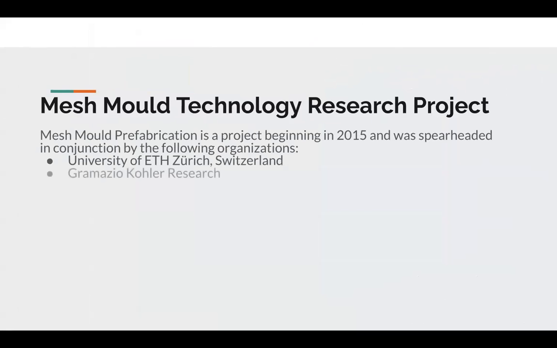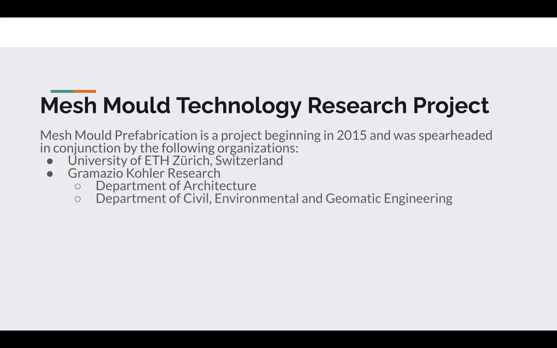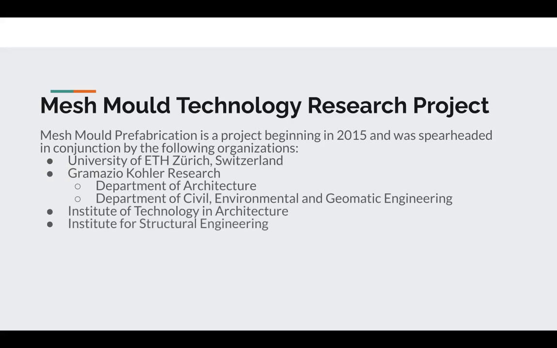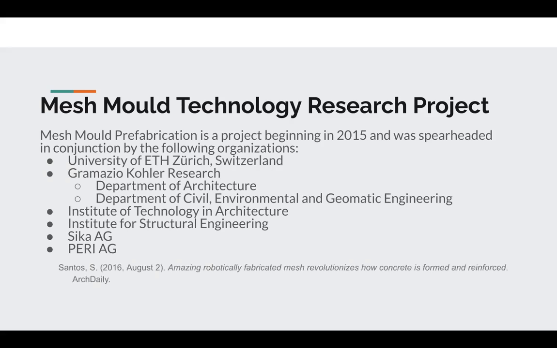Like I said, it began in Switzerland, University of Zurich. Then the Gramazio-Kohler Research Group was a huge part of it. Those are some departments that were also involved: Institute of Technology and Architecture and Structural Engineering. And then the last two, SICA AG and Peri AG, are the organizations that created the admixtures for this technology.